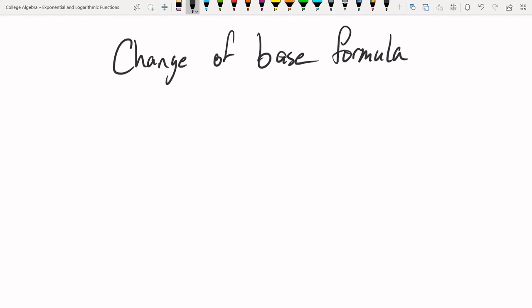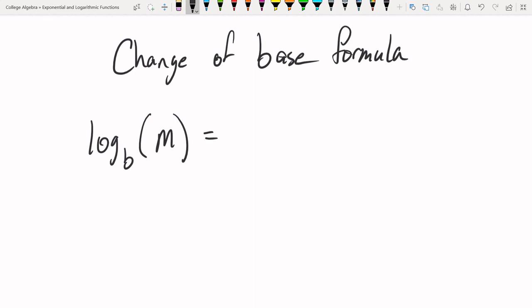So a change of base formula works like this. Let's say we have some base b with something on the inside, some expression m, and of course the normal rules apply. b is greater than 0, and b cannot equal 1. m is also greater than 0.